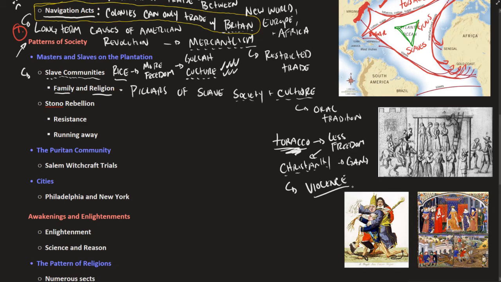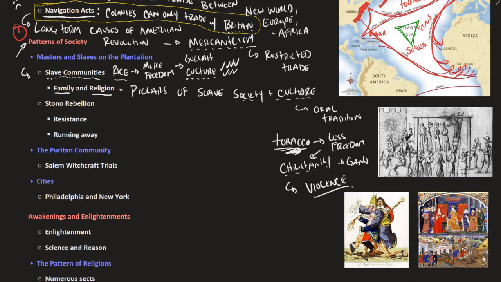Slave codes or law codes were backed by violence. A lot of these colonies had militias, which in the mid 1600s, late 1600s, and early 1700s typically warred with Native Americans. By the 1700s, that was less common in especially the more coastal regions.